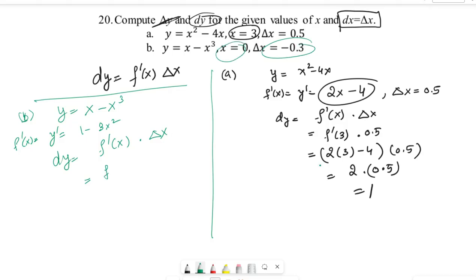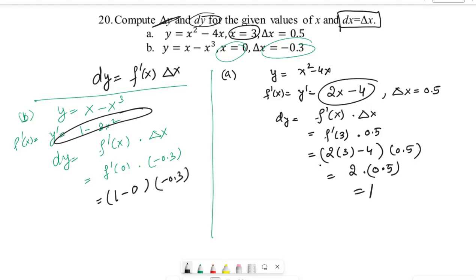So basically f prime at 0 times delta x, which is negative 0.3. F prime of 0 can be found from here. So 1 minus 3 times 0 square is 0, times negative 0.3. Basically 1 times negative 0.3. The answer is negative 0.3 for dy.